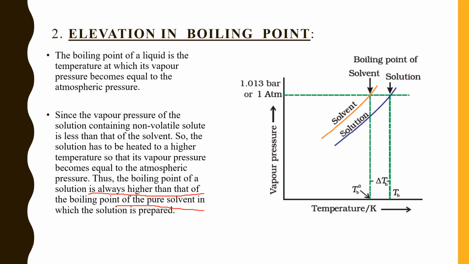ठीक है, this can also be seen by the graph. Here this TB always has the greater value because it is for solution, it has greater value of temperature. This value of temperature will be greater than this value of temperature, and T naught B is the boiling point temperature for pure solvent.